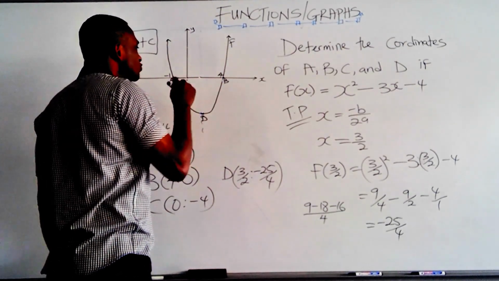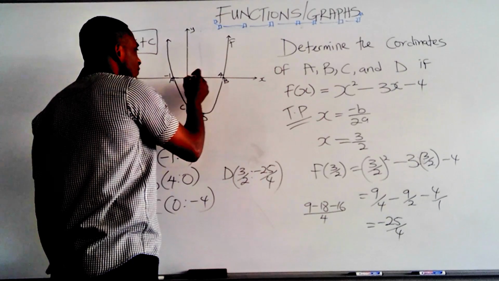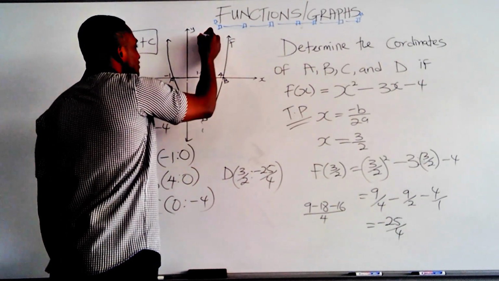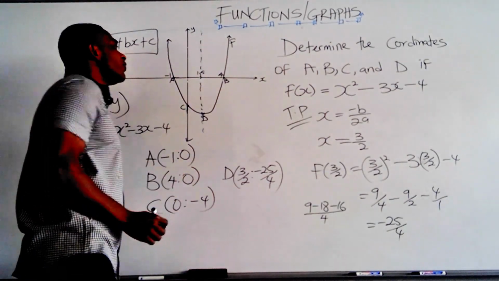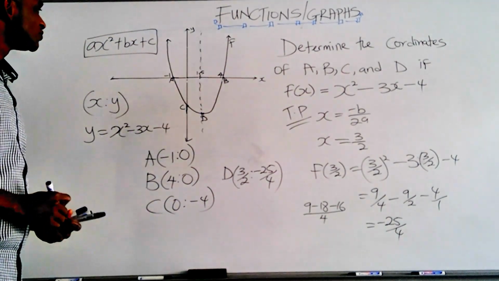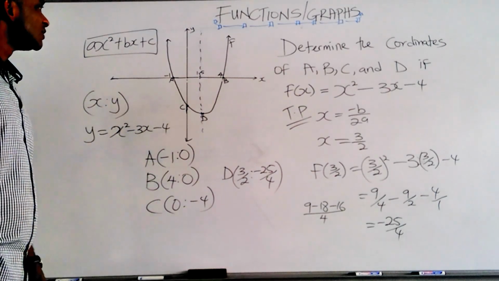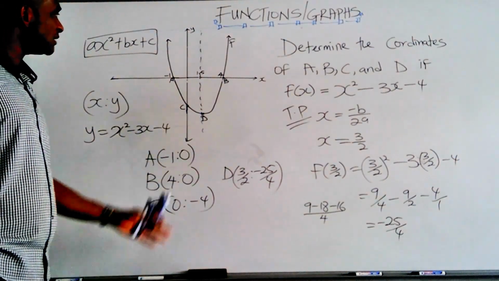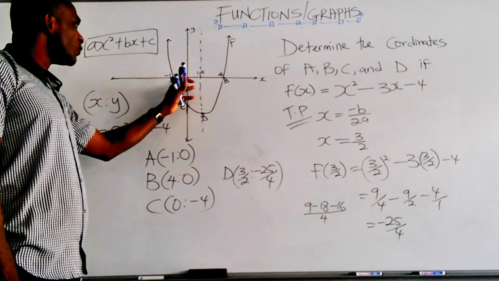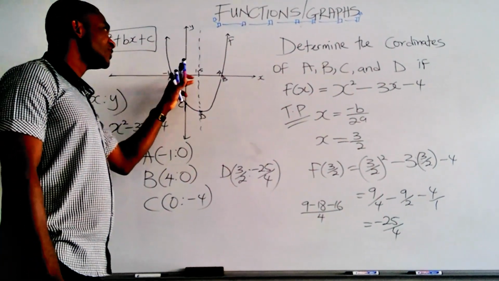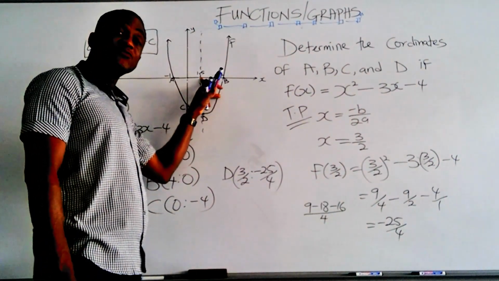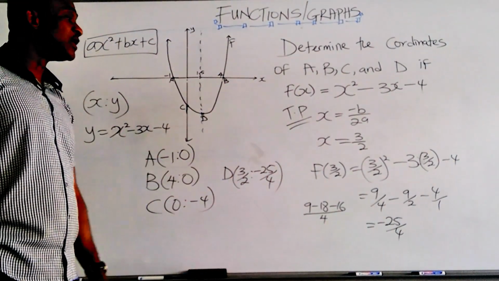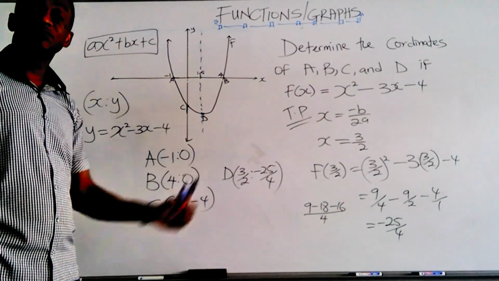If we have 1, 2.5 is the middle, so here is 1.5. Because 1.5 plus 1 is 2.5, then from 4 to 1.5 will also give us 2.5. Sorry for that mix-up. So this will represent the coordinates of D.